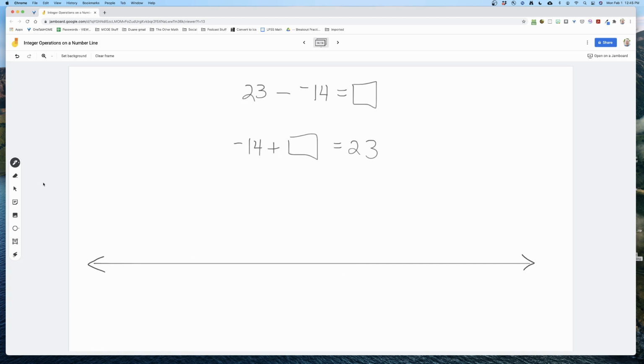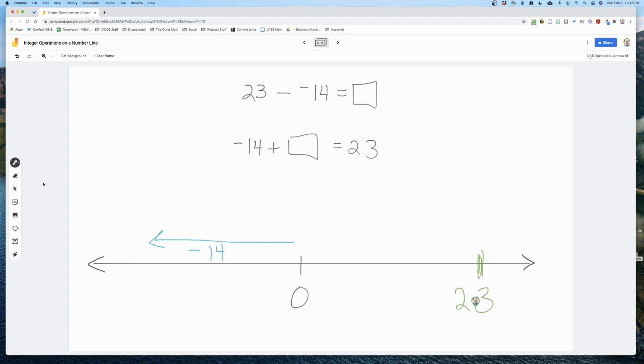There's our number line. And to model that, we're going to say 0 is somewhere. Our first change was 14 to the left. We don't know what our second change is, but we end up at 23.